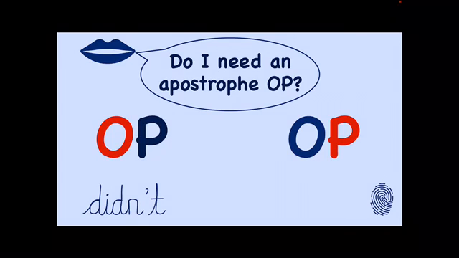But if we have a name that finishes in an S, like Innes, we have a choice. We can just add an apostrophe, or we can add an apostrophe S. And that's what we say. Innes's.